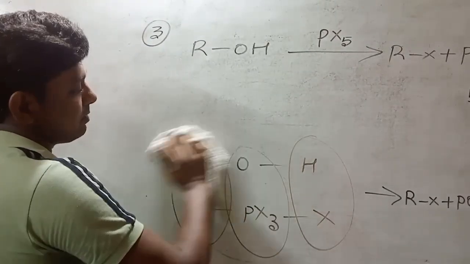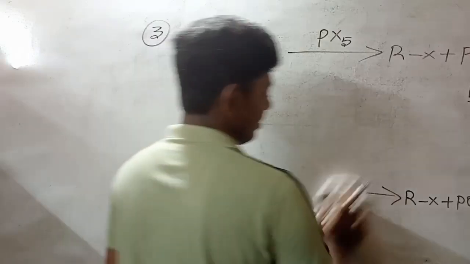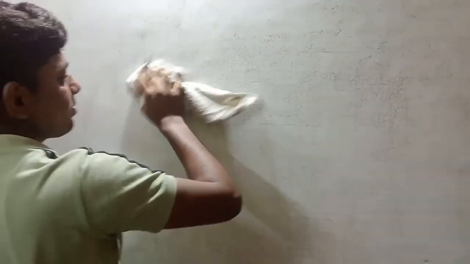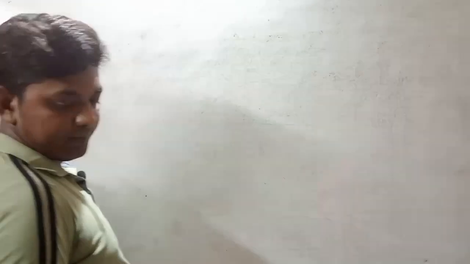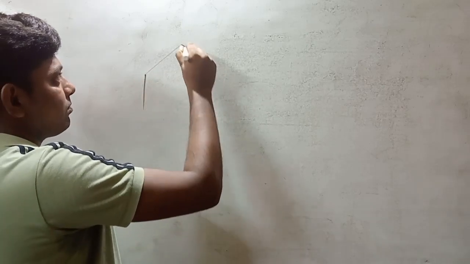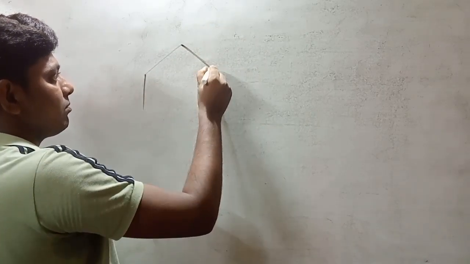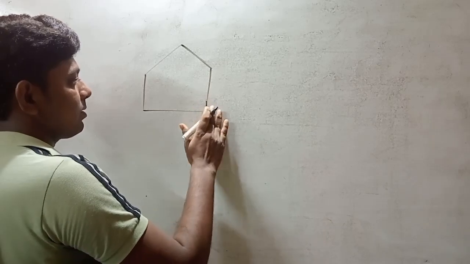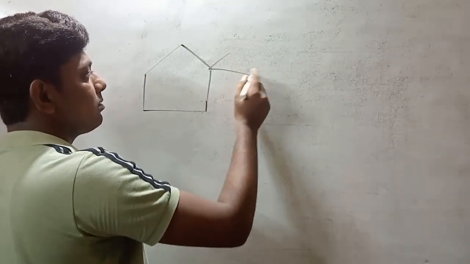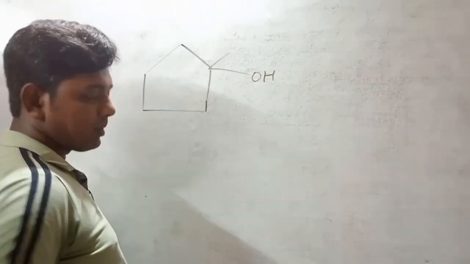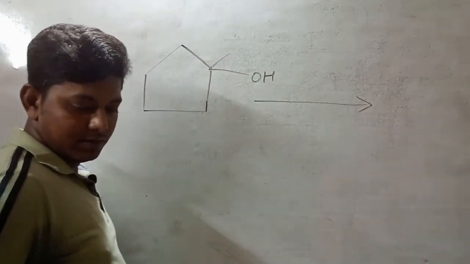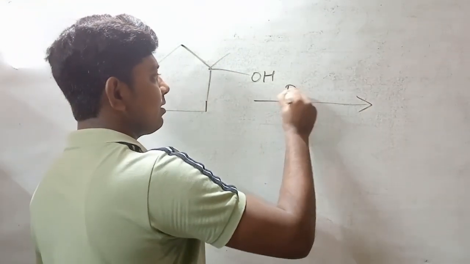PX5 means phosphorus pentachloride. In these reactions, first PCl5.